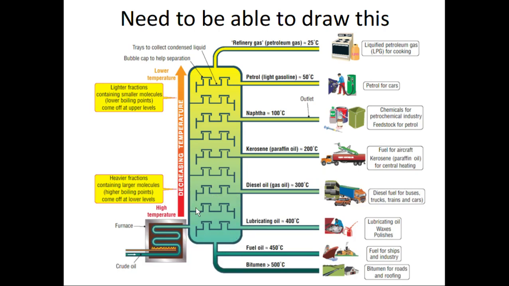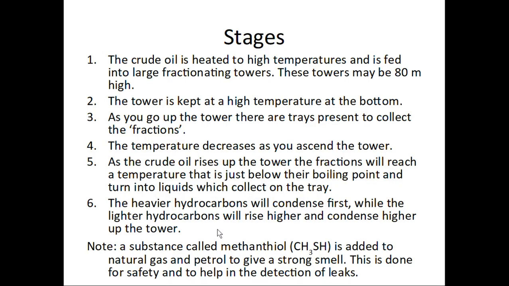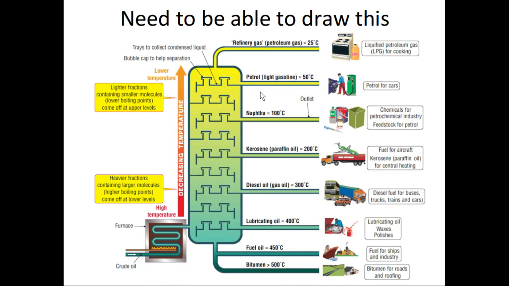And as you go up the tower, there are trays present to collect the fractions. So these are the trays here sticking out of the column on the right. And they are where we're going to collect the different fractions. So it's written on top of it. So this tray, we're going to collect kerosene out of that. This tray, we're going to collect naphtha out of it.